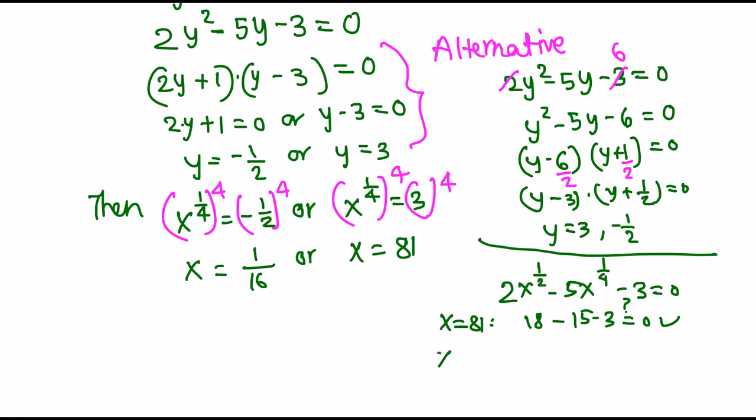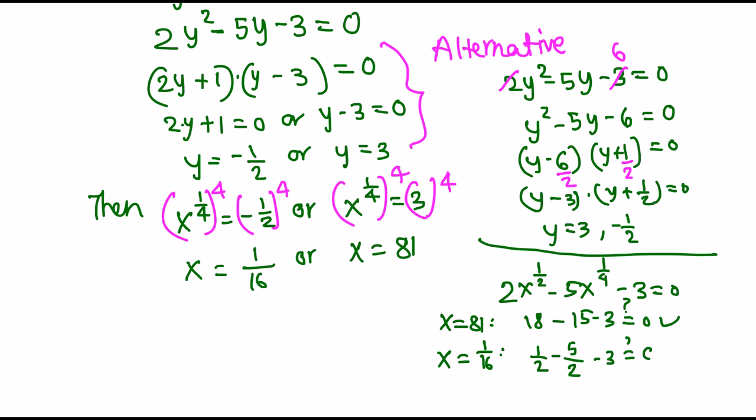How about x equals 1/16? 2 times 1/16 raised to 1/2. The square root of 1/16 is 1/4, so 2/4, which is 1/2, minus 5 times 1/16 raised to 1/4, that's 1/2, so 5 halves, minus 3.